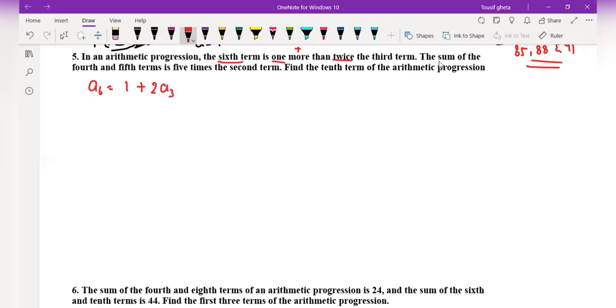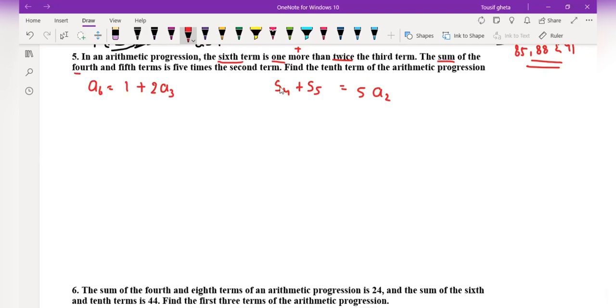And they're asking: the sum of the fourth term and the fifth term is 5 times the second term. What are they saying? Sum of fourth and fifth term.